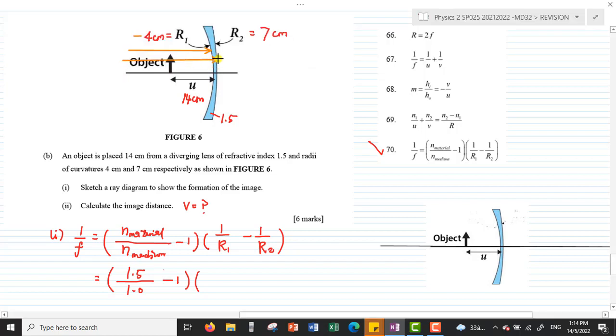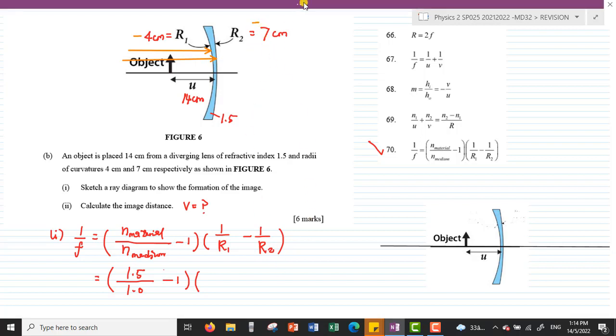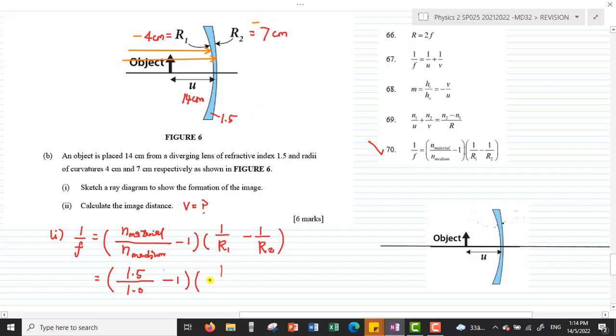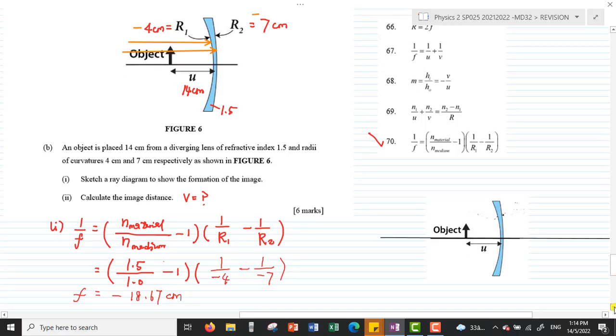When the light rays strike the second surface, the surface is curved inward, so R2 is also a concave surface. The R will be negative. So I put in the values: 1 over negative 4 minus 1 over negative 7. When I do my calculations, I get the focal length of around negative 18.67 centimeters.